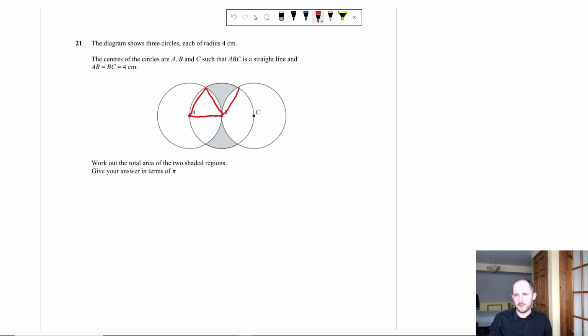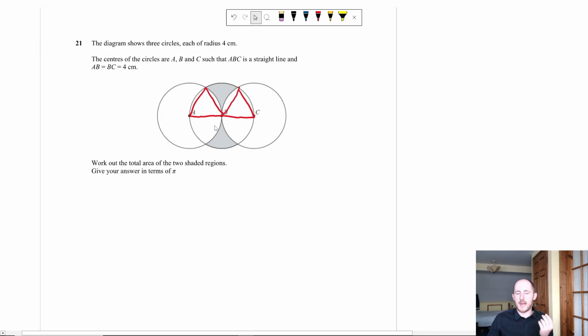Again, radius, radius, and radius. And if you notice, so the first thing I want to say when I do this is this bottom section is the exact same as this top section. So what I'm going to do is work out the top section and double it, okay? Because again, the bottom and the top are the same. That's why I'm not doing the same thing on the bottom side as well. But you could do this same thing upside down if you want.